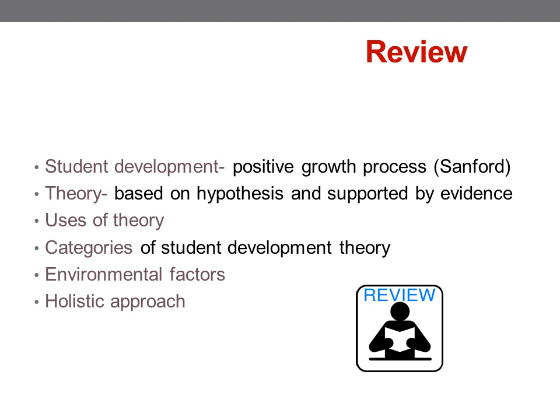That there are categories of student development theory, that basically theory falls under those 4 areas, whether it's psychosocial or intellectual development. That environmental factors have a tremendous influence on student behavior and student growth and development. And then finally, that we come at student development with this holistic approach. We really have to consider all areas of the student if we're going to be able to help them with their growth and their development.